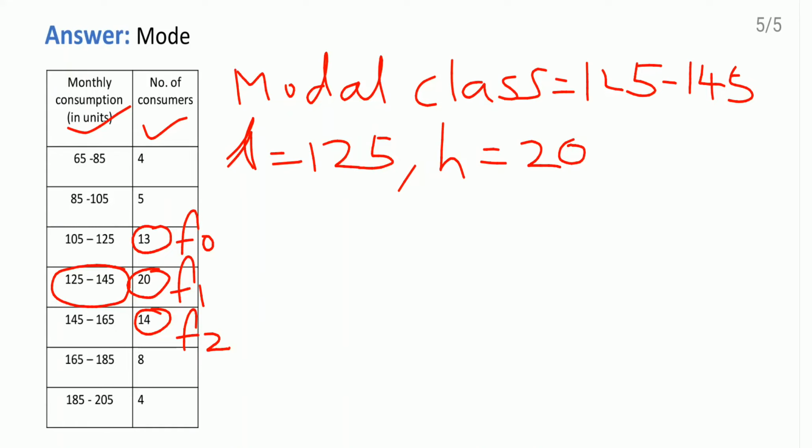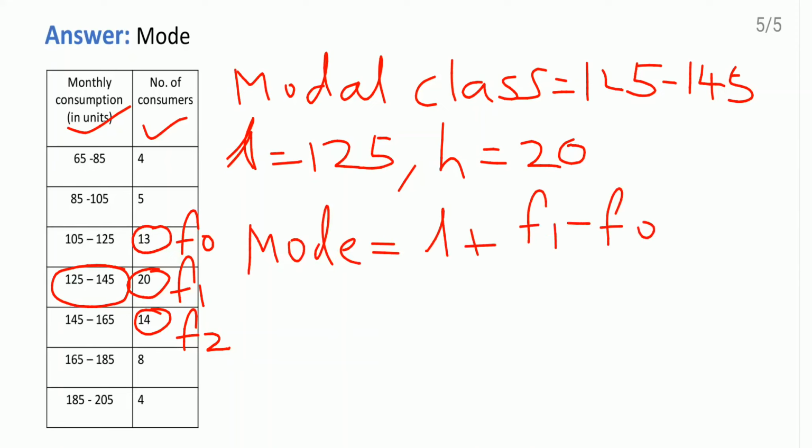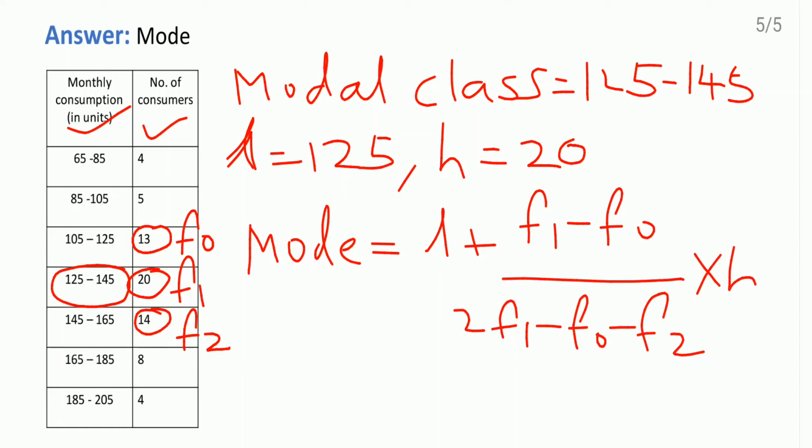Now we'll write down the formula. All the values are here, f0, f1, f2. So mode is equal to L plus f1 minus f0, divided by 2 times f1 minus f0 minus f2, into h.